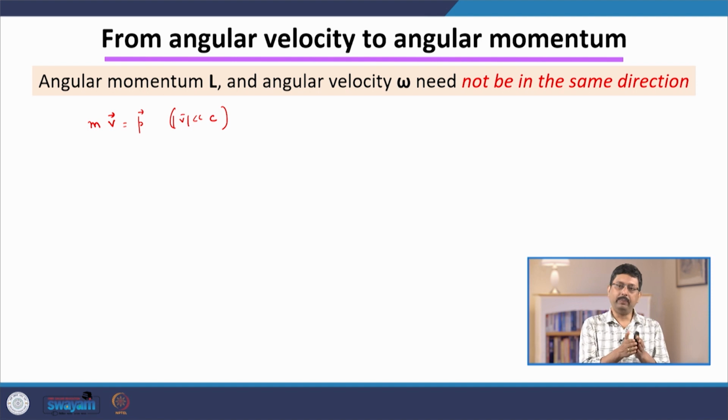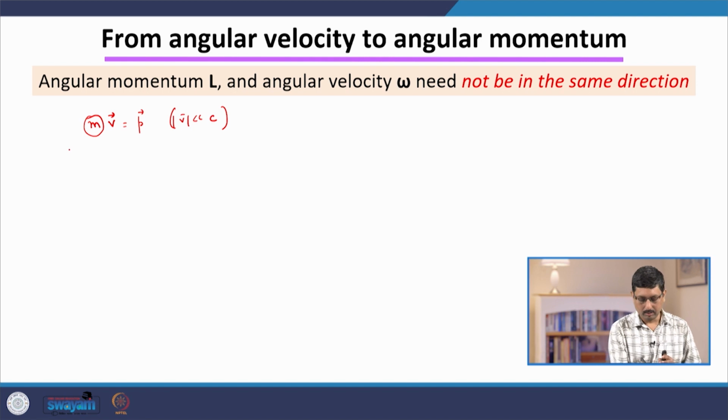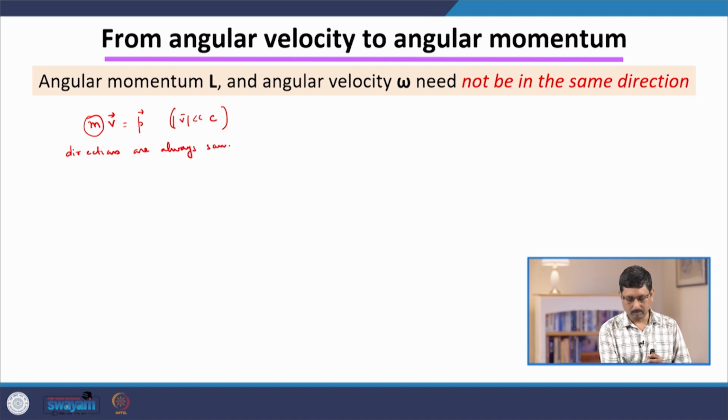The main point for today's purpose is that the mass is a scalar. So, the direction of the momentum and the direction of the velocity are always the same; only the magnitudes are different because of the mass. So, this is translation.